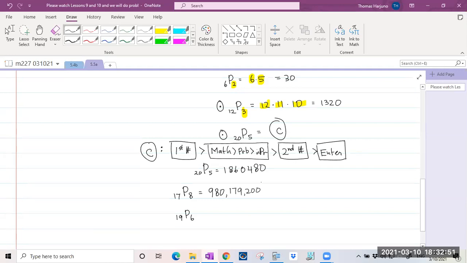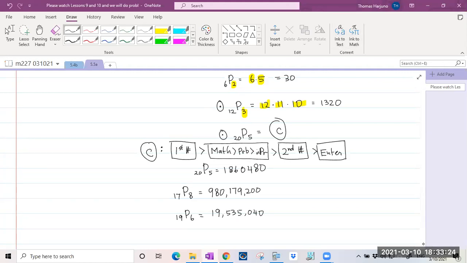You don't need to use the comma though, actually, but I just use that comma to help me so that I don't miss any number. 19 permutes 6 will be 19,535,040. That's right. Thank you, Myra.